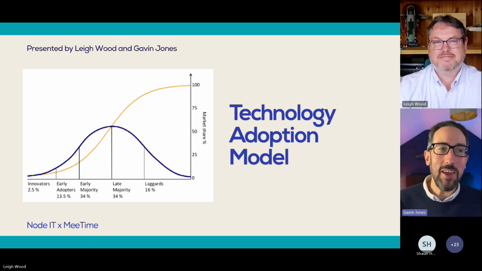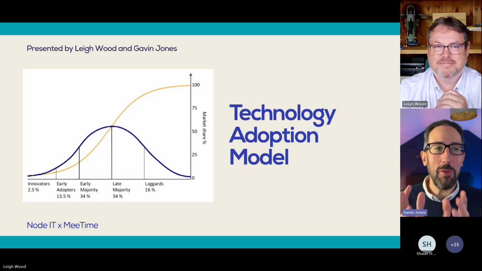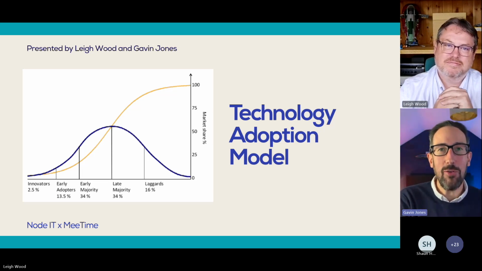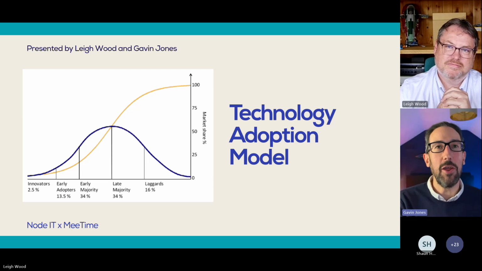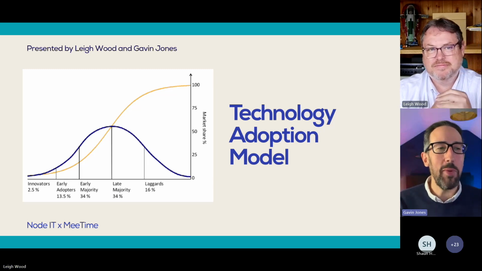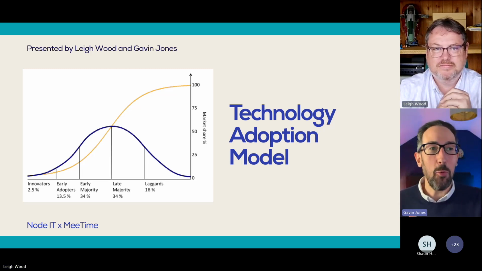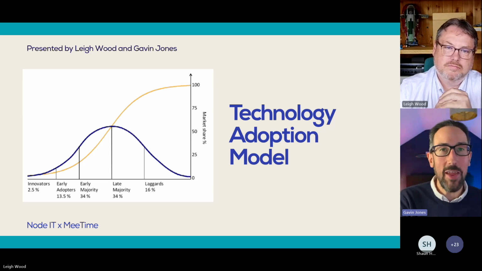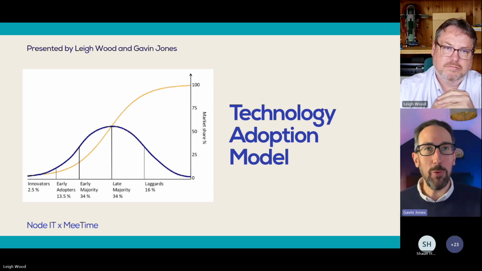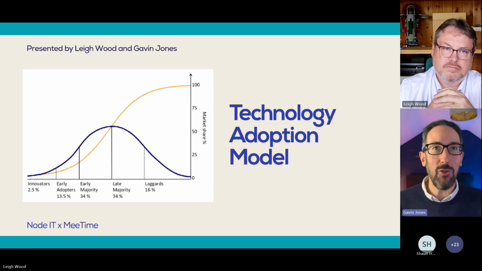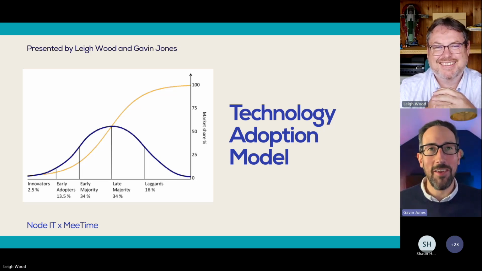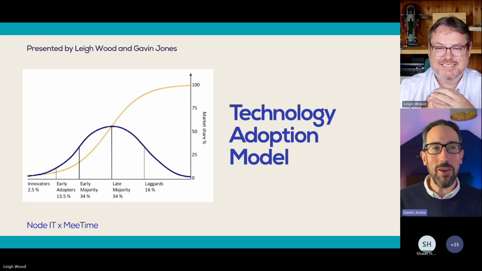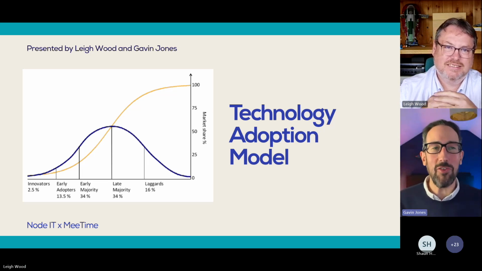But the early majority usually aren't going to use it until they can see it's useful, and I think we're probably there about now. The late majority won't go onto it until they see the majority of other people using it, and the laggards won't get onto it until there's no other option apart from to use it. So there are always going to be people that are not going to get on board, and that's okay. In any population of people, that's going to be the case.